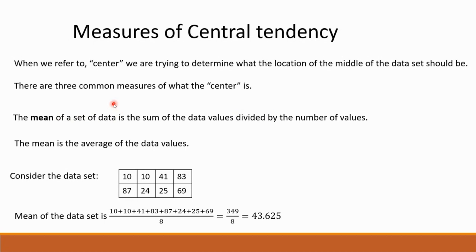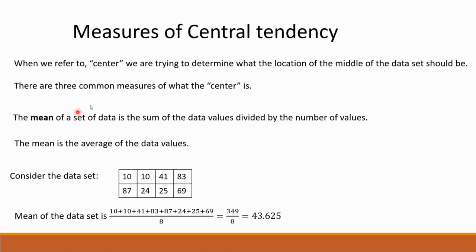Hopefully you saw that already, because we drew histograms, and you can only draw them for quantitative data values. So the mean of a data set is just the average in the normal sense. You add up the values, you take the sum, that is, and you divide by the number of data values. That's all.